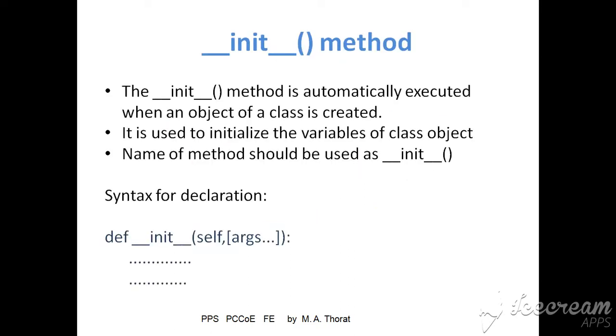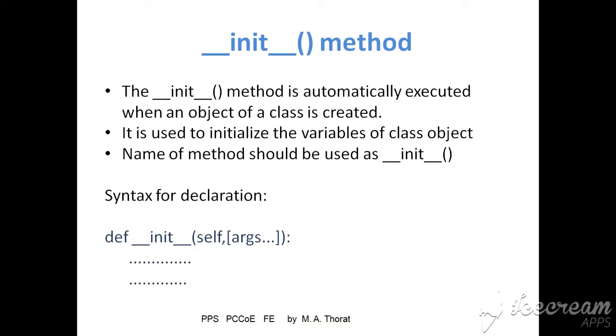So what is init? Init is basically a special method which is defined in a class. We can have a few special methods that can be defined as a part of a class. Init is one of them. Del is also one special method which can be defined in a class. What is the use of the init method?